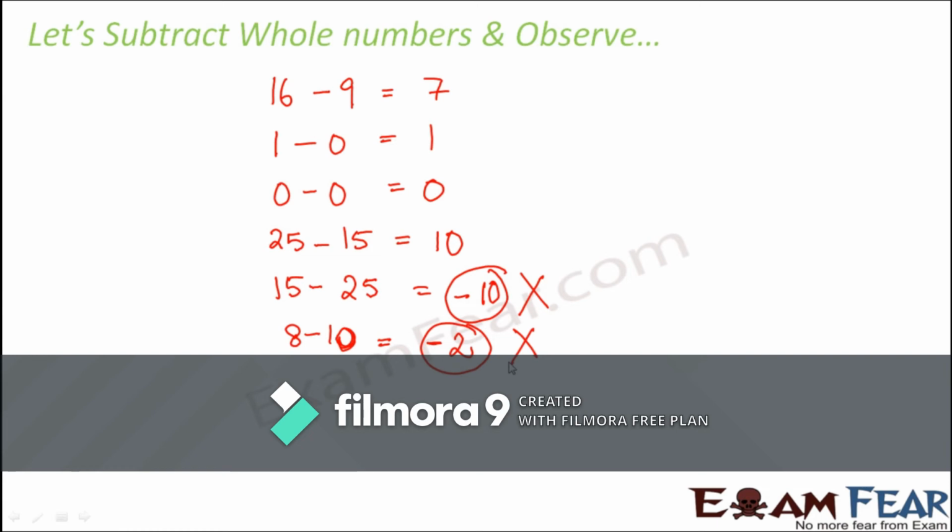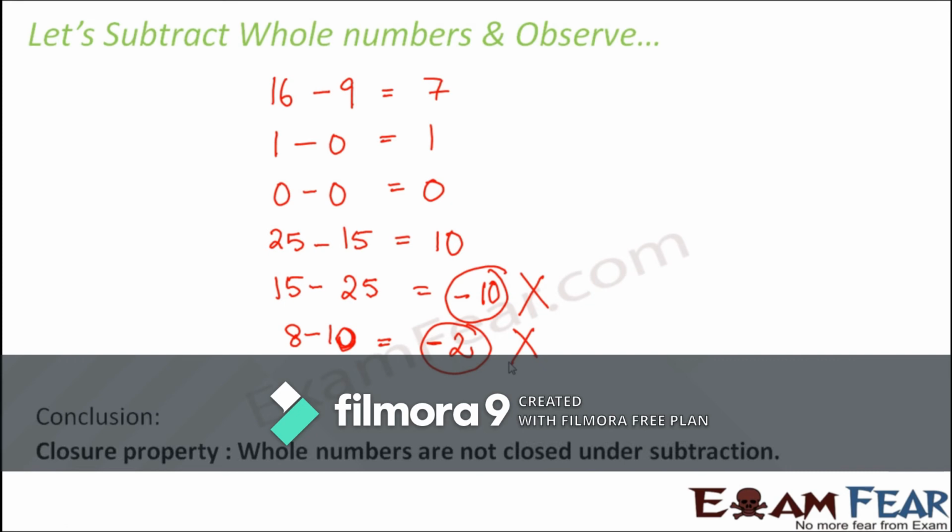Right? So negative numbers are not whole numbers. So then what do we conclude? We conclude that whole numbers are not closed under subtraction. So they are closed under addition, but they are not closed under subtraction. So during subtraction, the result can be a whole number. The result can also be something other than whole numbers.